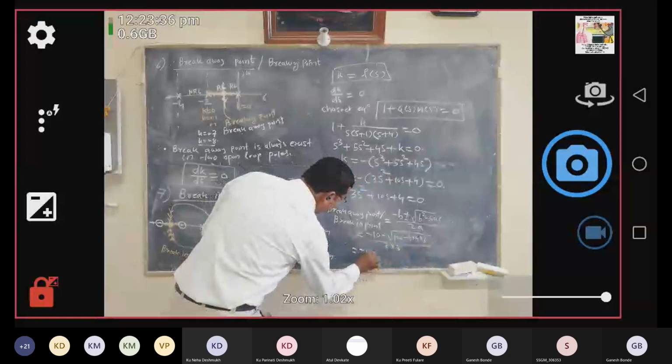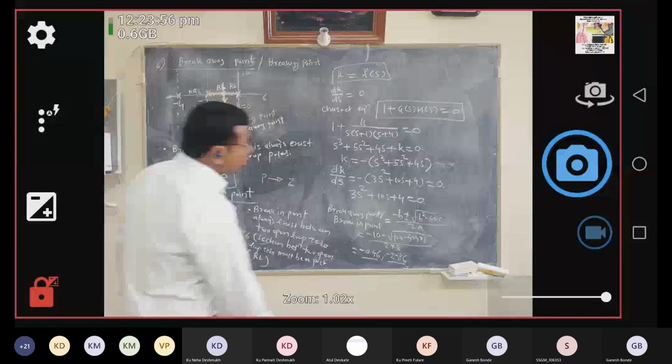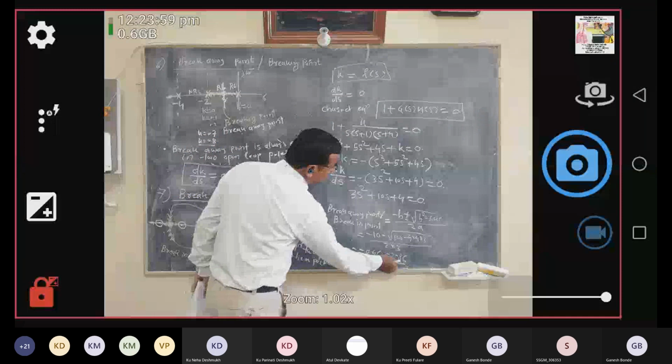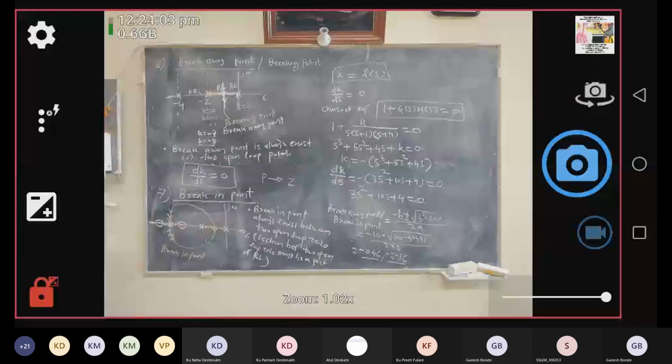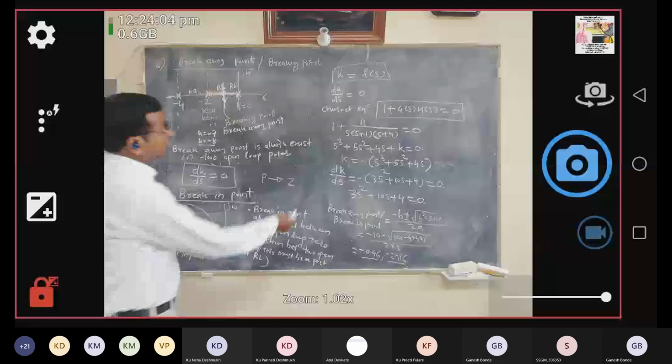So these are your 2 points, -0.46 and -2.86. These will be your break-in point and breakaway point. So which of these points is valid, -0.46 or -2.86? That we will see while solving the example. So in this way you can find the value of the break-in point or breakaway point.